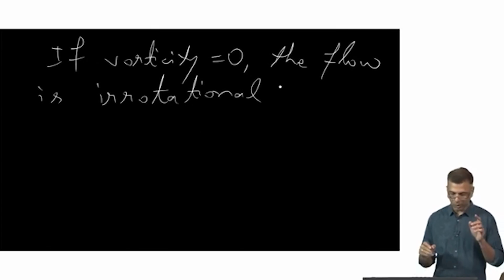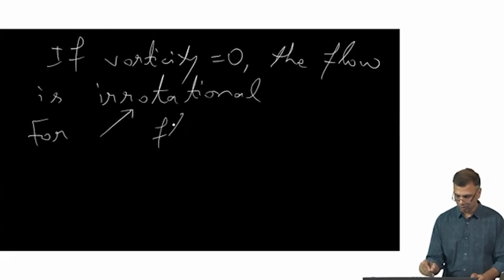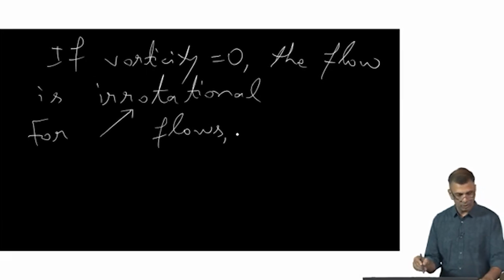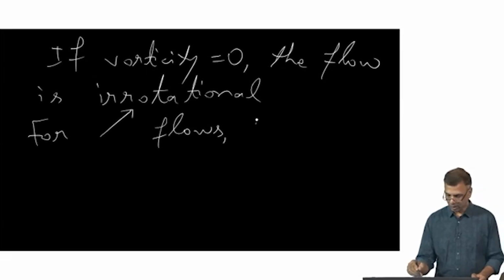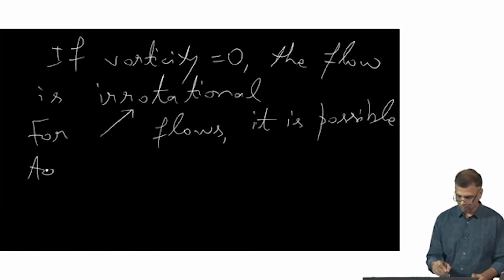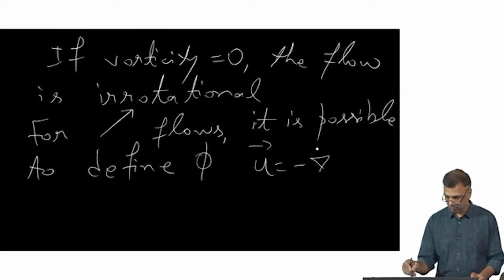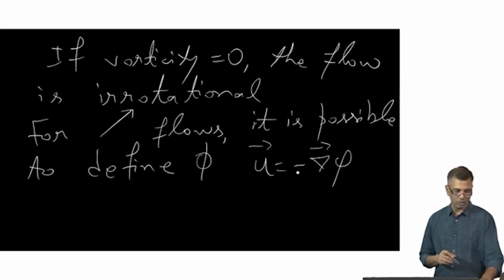And for irrotational flows, it is possible to define a scalar potential phi such that u equals minus the gradient of phi, like so. Again, the minus is a matter of convention.